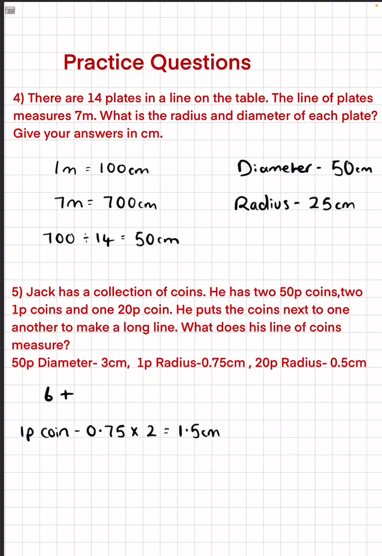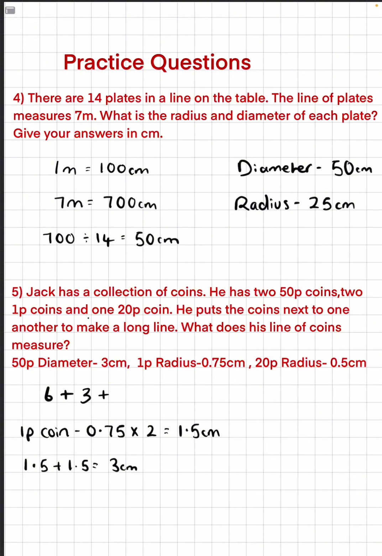So the diameter of a 1p coin is 1.5 centimeters, and we've got two 1p coins. So 1.5 plus 1.5 equals 3 centimeters. So the diameter of two 1p coins is 3 centimeters.